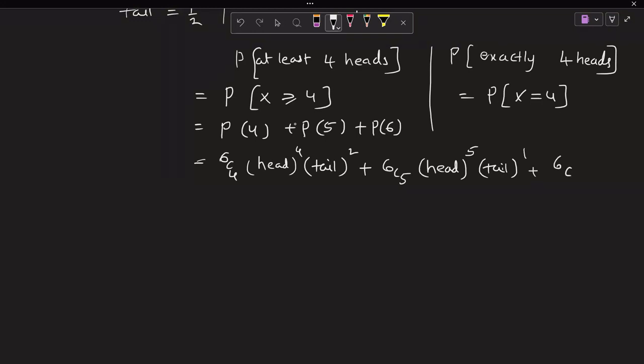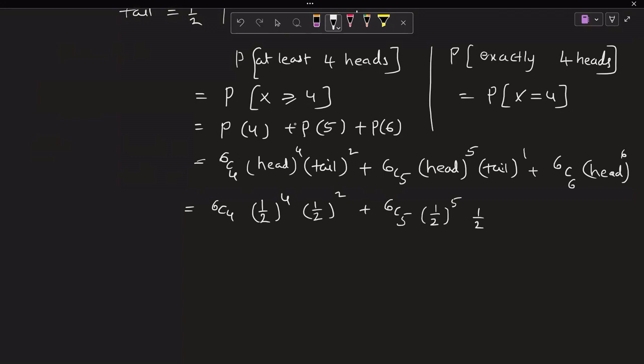P of 6 means all 6 coins show heads. So this is equal to 6C4 (1 by 2)^4 (1 by 2)^2 plus 6C5 (1 by 2)^5 (1 by 2)^1 plus 6C6 (1 by 2)^6.